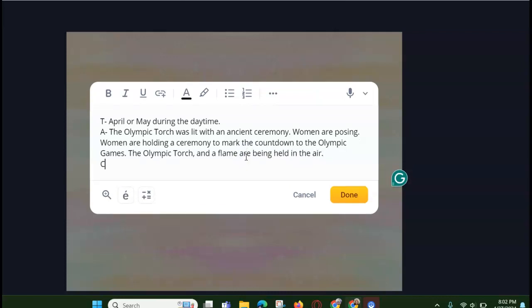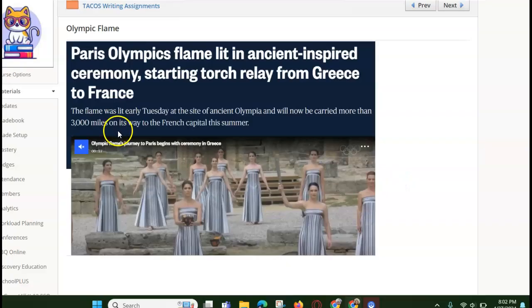Okay? C, Caption. What important information is the caption giving us? Well, it obviously states that they did an ancient inspired ceremony and that they're starting the torch relay from Greece to France, and that it was lit early Tuesday and it will be carried 3,000 miles on its way to the French capital this summer.